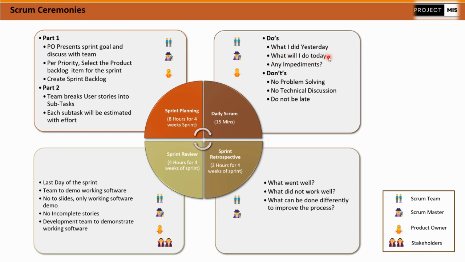It communicates to the team what I am going to work on today. And any impediments. If I have any blocker which is not letting me complete my task, any kind of configuration issue, any dependency where I need some clarification, any system issue, or whatever it is, any kind of impediment, I should call it out in this meeting.